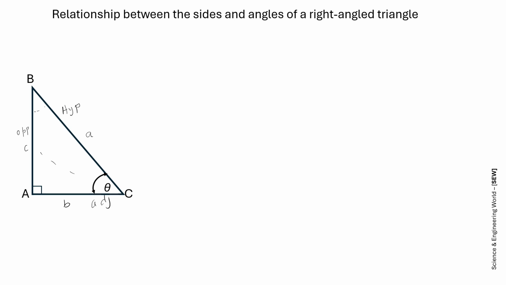We want to establish the relationship between the angles and the sides. So we use the acronym SOHCAHTOA. SOHCAHTOA here means the first three. This first three is saying sine, that's the S there, sine theta is equal to, like we have seen, opposite over hypotenuse.